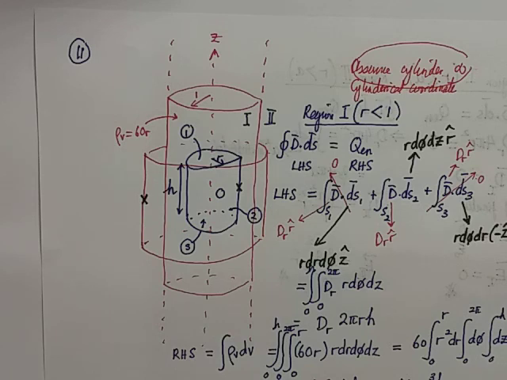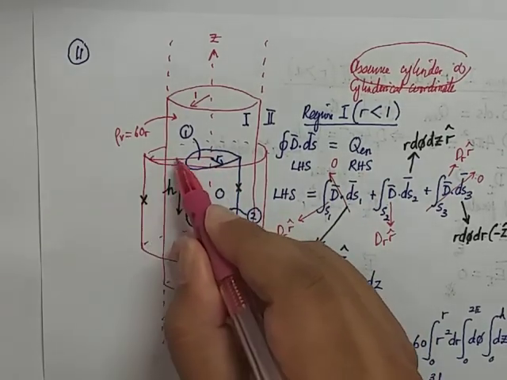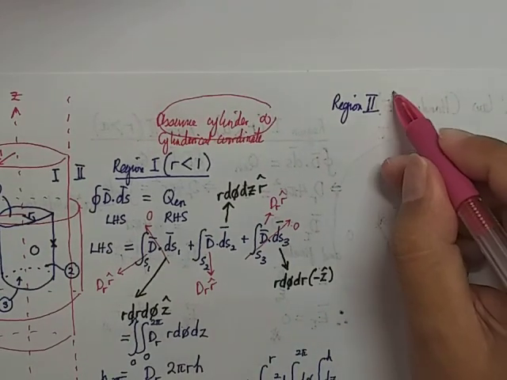Okay, that should be my Gaussian. And then you can see the radius here is R. So therefore I'm going to define my region number 2.